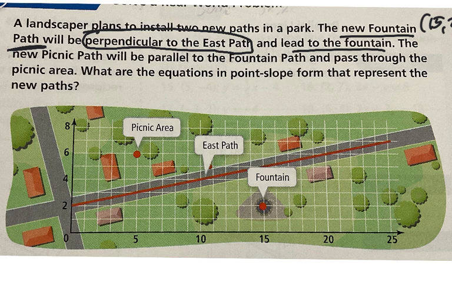What else do I know about this new fountain path? It must be perpendicular to the east path. Here's the east path. So I need to be able to find out the slope of this line, the slope of the east path.